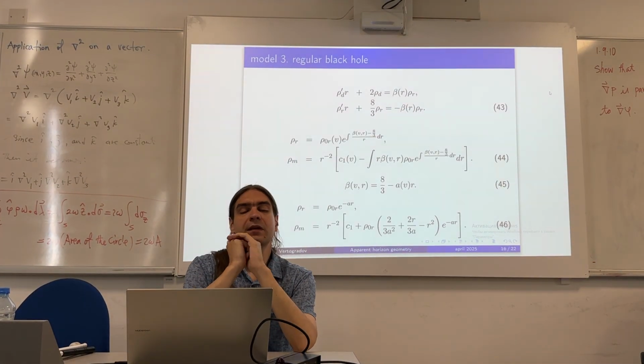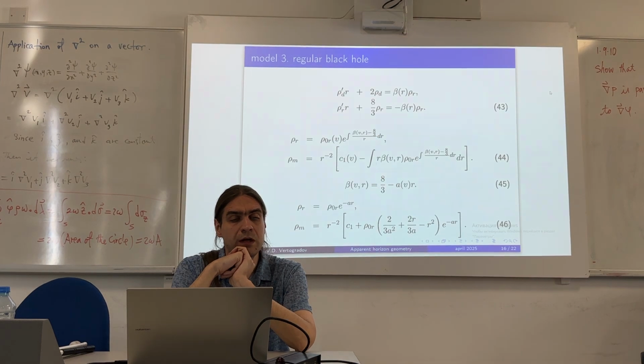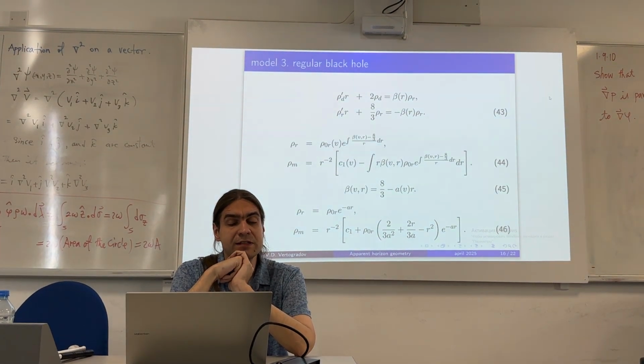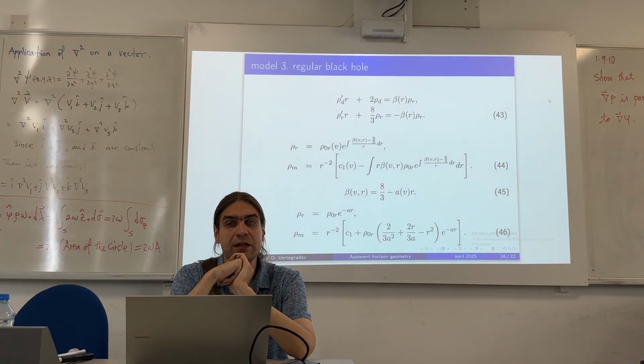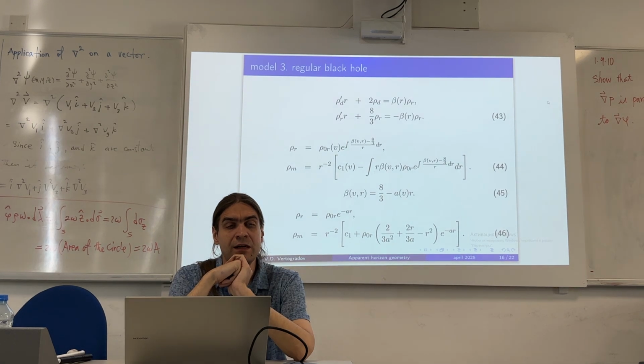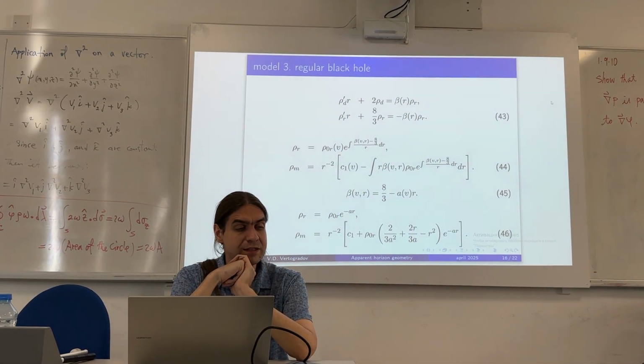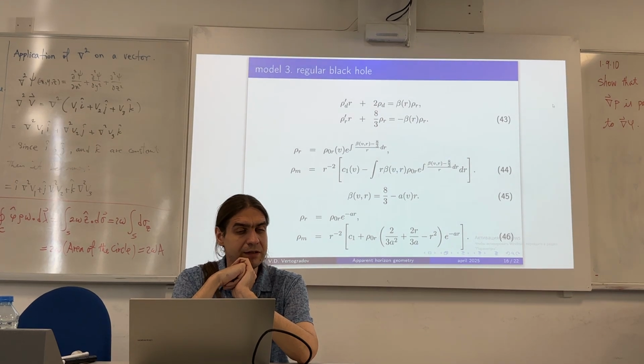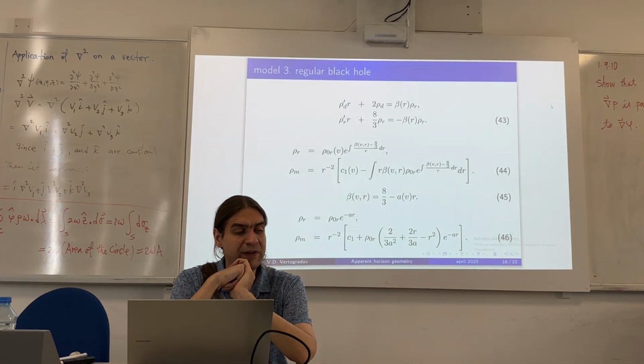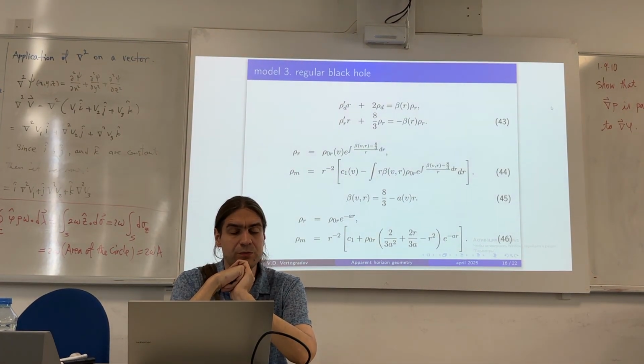Then consider the following situation. When we consider gravitational collapse, the star becomes denser, denser, and denser. And the denser the star is, the more effective the transformation should be.